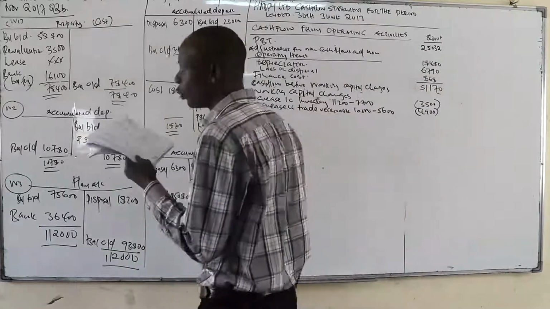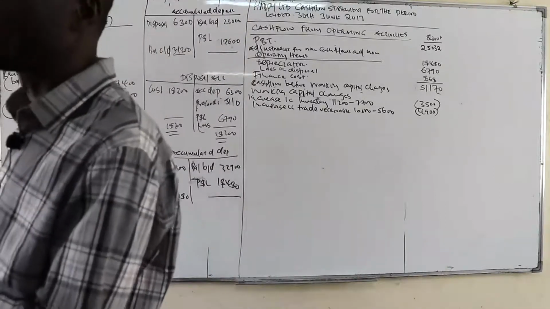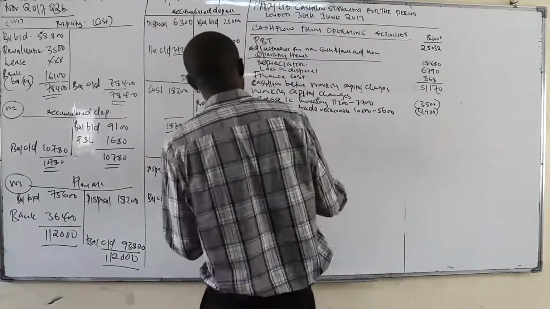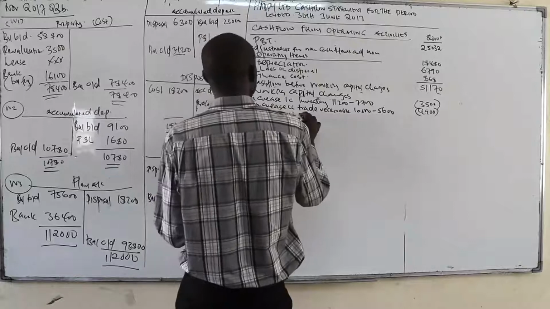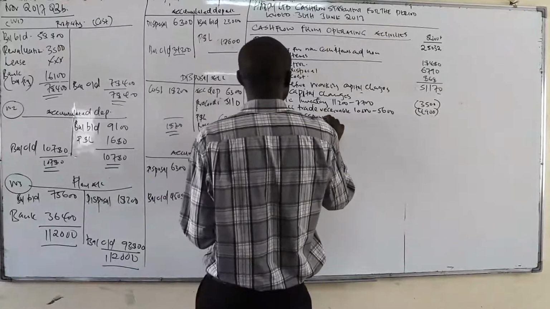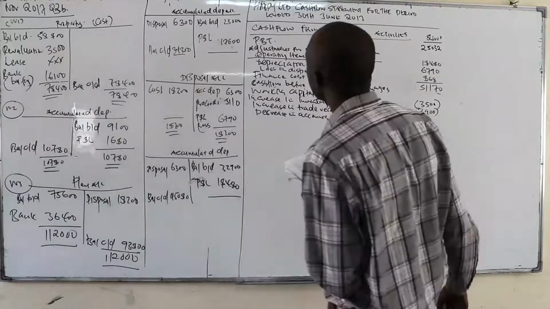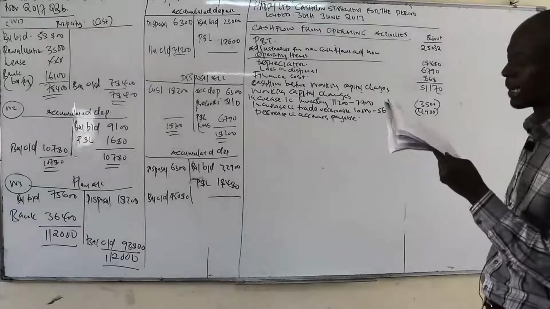And then you skip the bank. You go to the current accounts payable. There is a decrease in accounts payable. The accounts payable is decreasing.